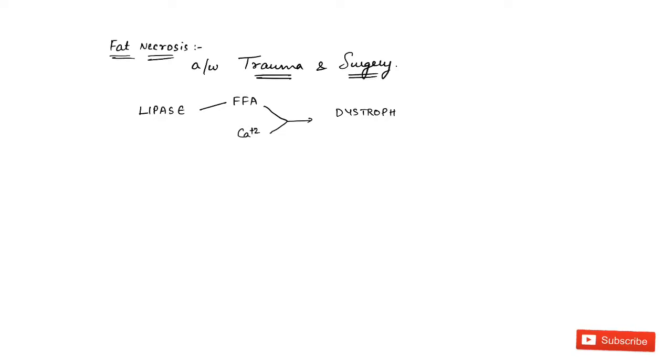When the free fatty acids unite with calcium, it may lead to dystrophic calcification, which we observe on X-ray film.